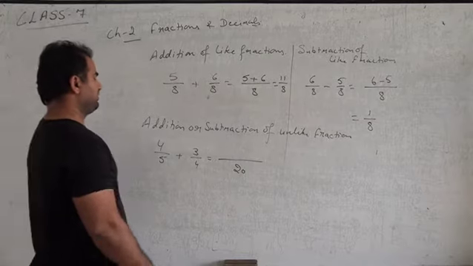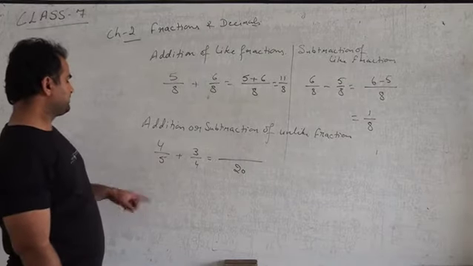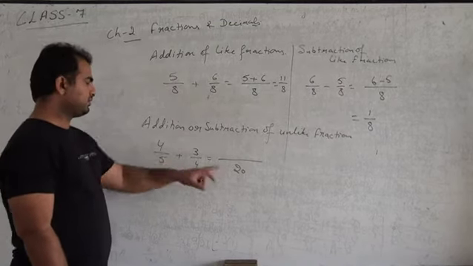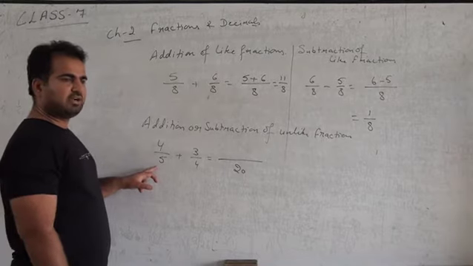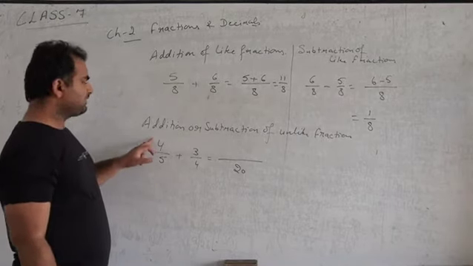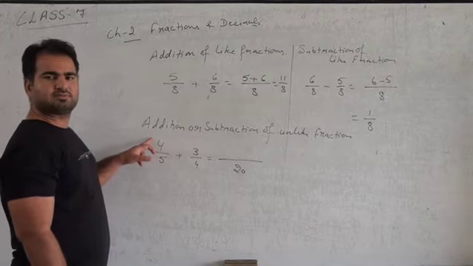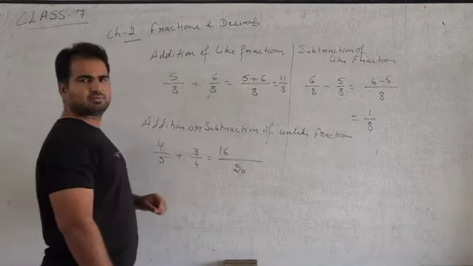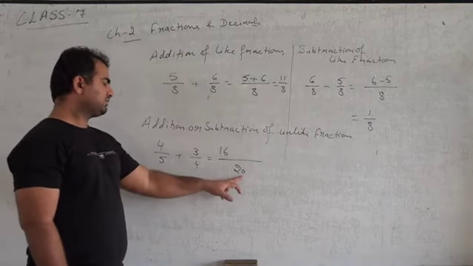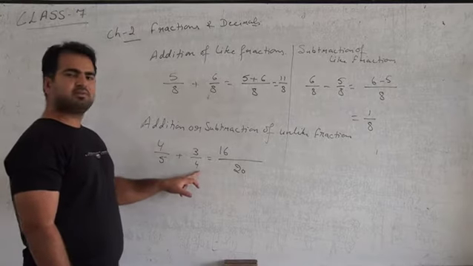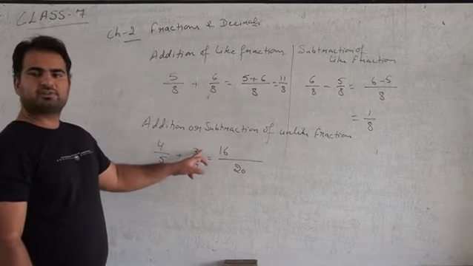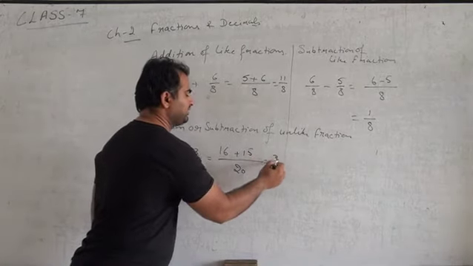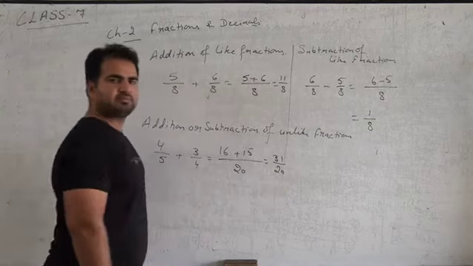After that, we divide 20 by 5. 20 divided by 5 equals 4, and multiply that 4 with the numerator, which is again 4. What is 4 into 4? It will be 16. Done. Next, 20 divided by 4 will be 5, and 5 into 3 will be 15. Plus 15, it will be 31 upon 20.